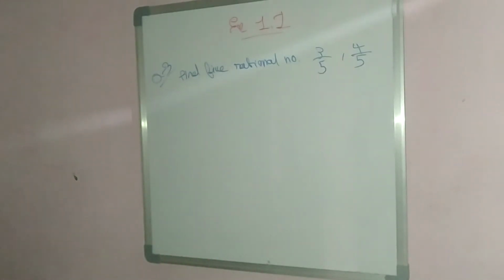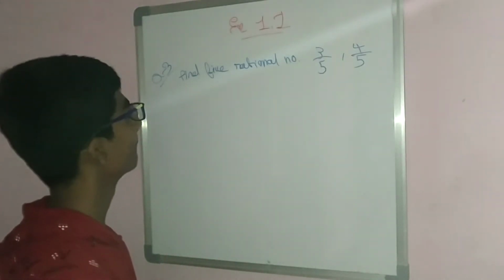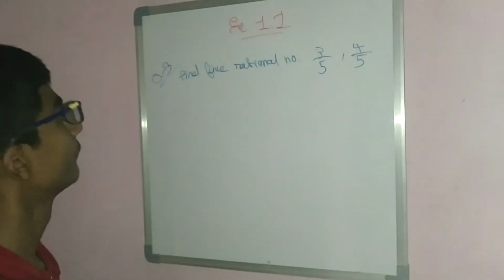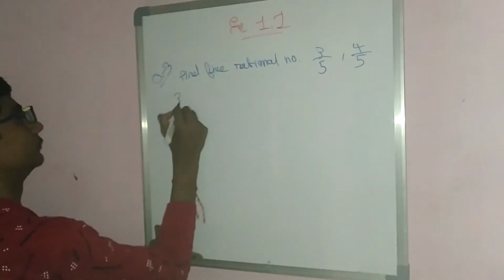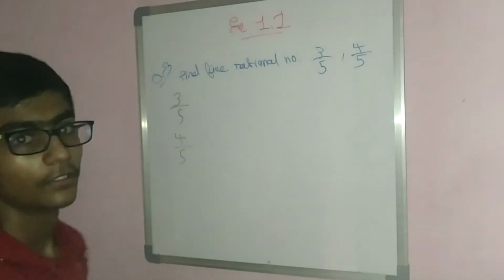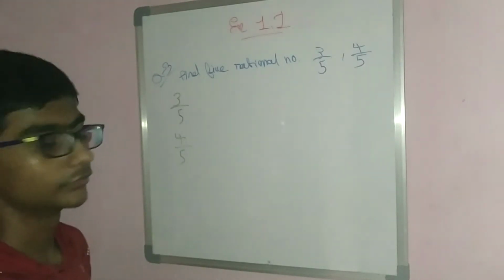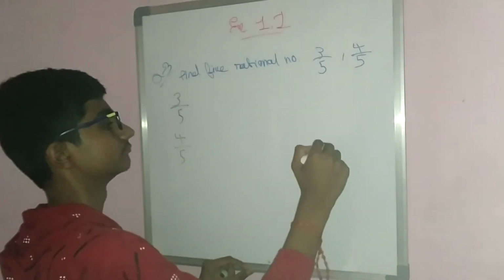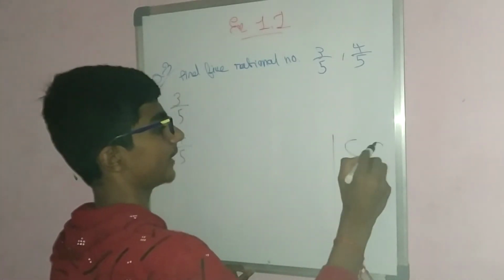Now what we will do? 3 upon 5, 4 upon 5. Here we will take out LCM.